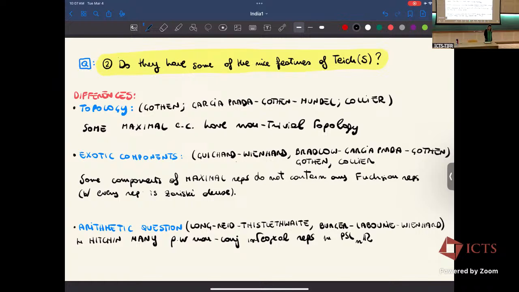And there are even components in which you do not have any Fuchsian representation. These are called exotic components, and there are many in Sp4R and in other higher groups.